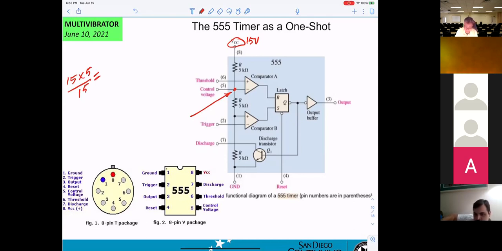Because both resistors are the same value, it's going to be half of the 15, so 7.5. The 15s cancel out, so it'll be 5.